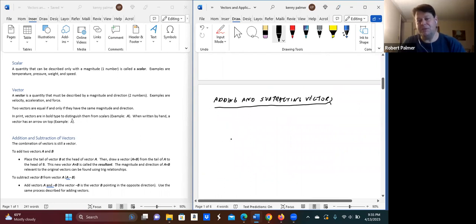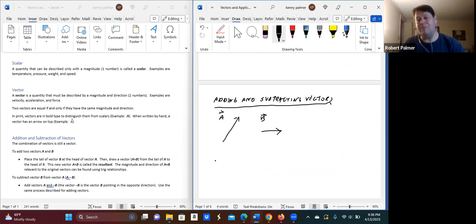Let's say I have, once again, let's call this vector A, a vector like this, and I have a vector B. Maybe vector B looks like this, pointing in that direction with that length.